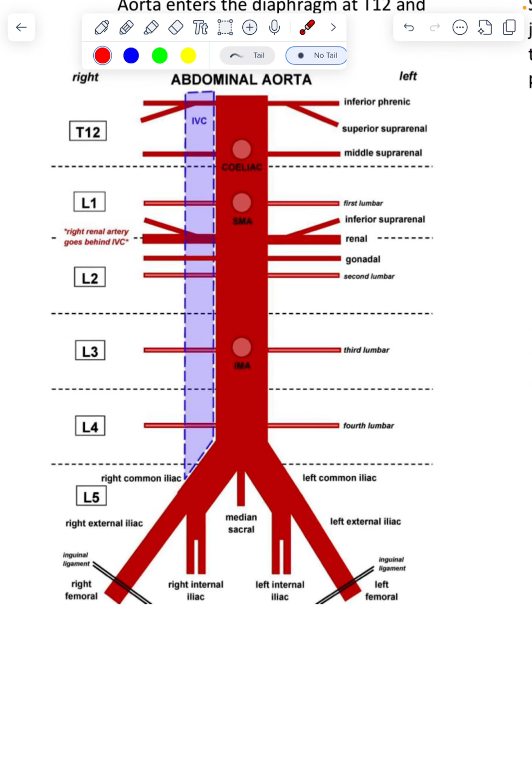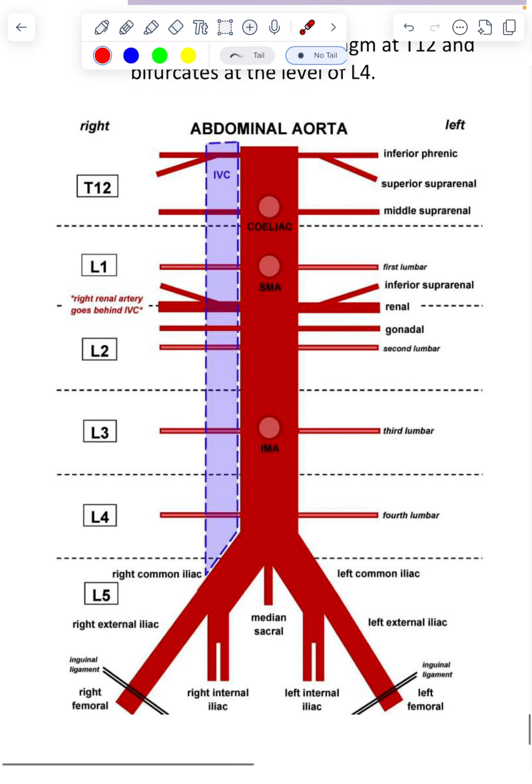This question is coming: the right renal artery goes behind the inferior vena cava, and the left renal artery goes behind the left renal vein. If the vein is coming from here, it has to be in front of the artery. So vein, artery, pelvis: VAP, from anterior to posterior.